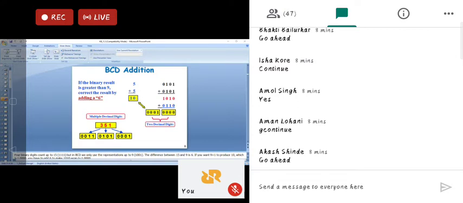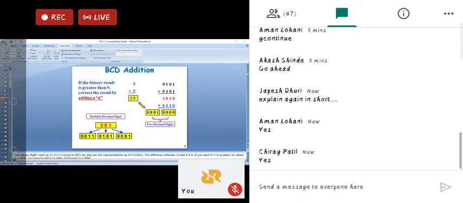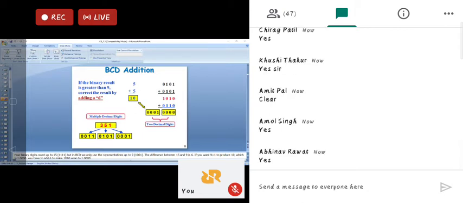When the sum goes to 10, you cannot represent it as a BCD number. BCD is a binary coded packed number wherein each decimal digit needs to be represented separately. Explain again in short. Others are writing clear, but even if one student has a doubt, let us clear the doubt.